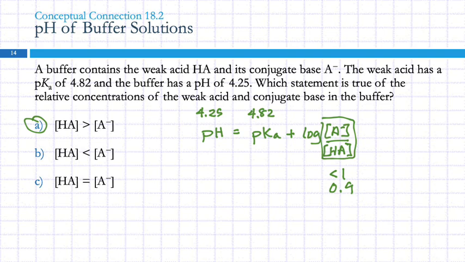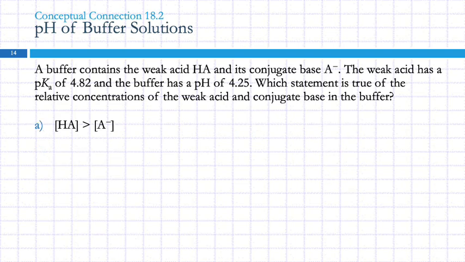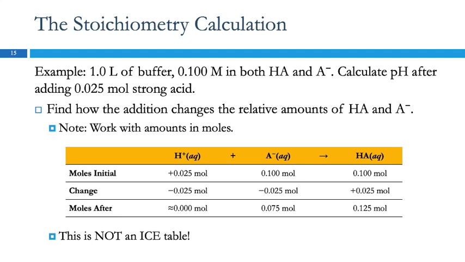It's a negative number. When this ratio is less than 1, that will bring the pH down. When it's greater than 1, it brings the pH up. I should have left Henderson-Hasselbalch out of that, but sorry. Okay.